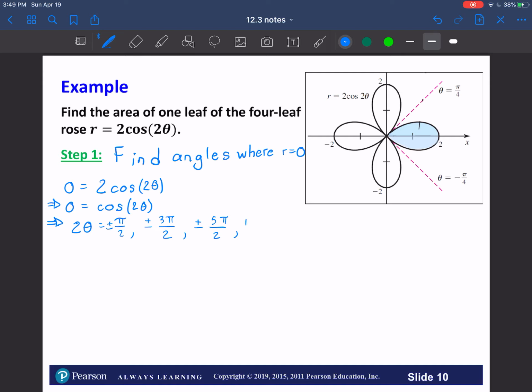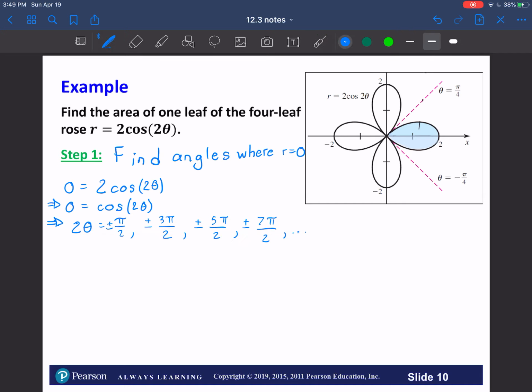And 7 pi over 2, plus or minus. These are all angles, and this goes on indefinitely. These are all angles for which cosine equals 0. So cosine of pi over 2 would be 0, cosine of negative pi over 2 would be 0, cosine of 3 pi over 2 would be 0. And since 2 theta is the argument inside of cosine, we say that 2 theta is equal to these angles.